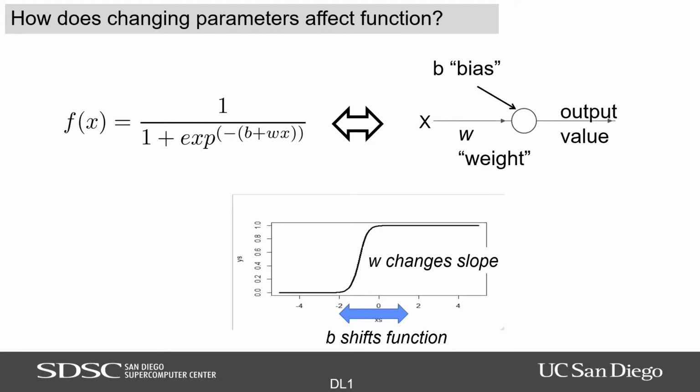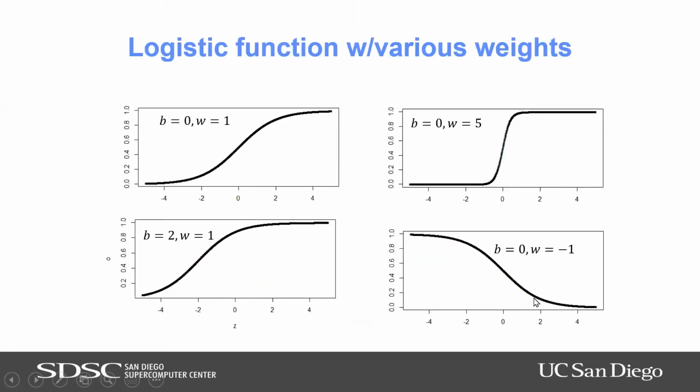We could change the sign of W, and it would change where the high values and the low values are. So there's some flexibility depending on these parameters. And the reason that's important is because with different kinds of parameters, we can have all kinds of different functions. We can have very smooth, very sharp ones, and as I said, we can have it going up or down in different directions.